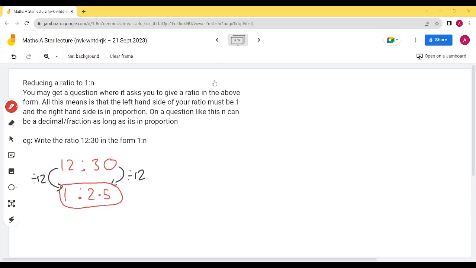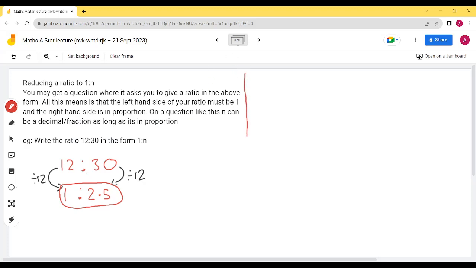All right, so just going to look at a couple more things here. So you might get a question as well. You might get one like this question I'm going to copy over.